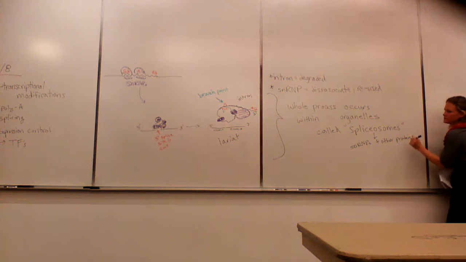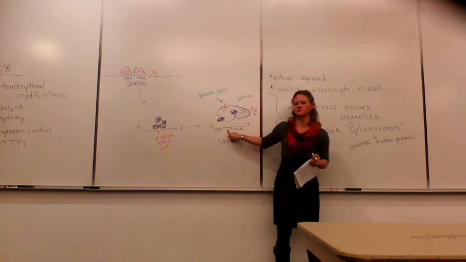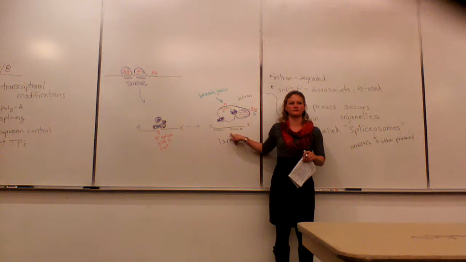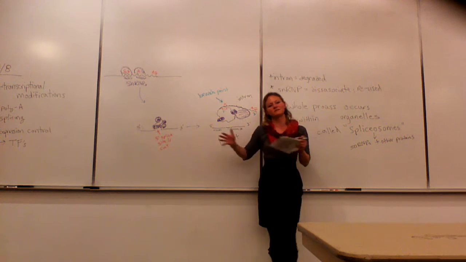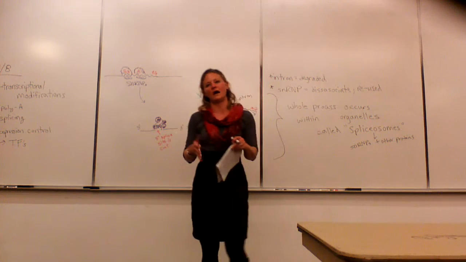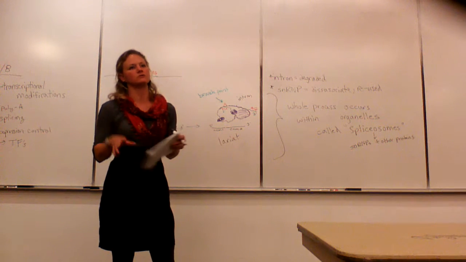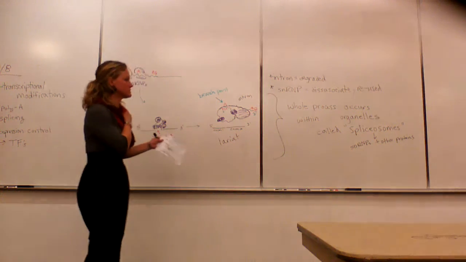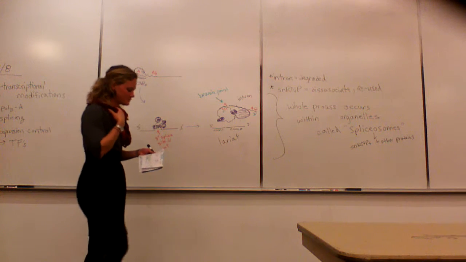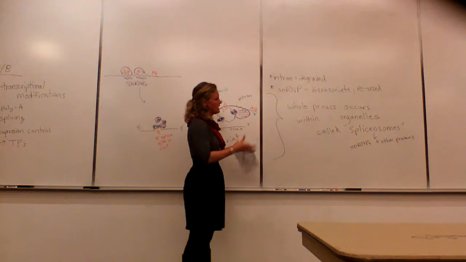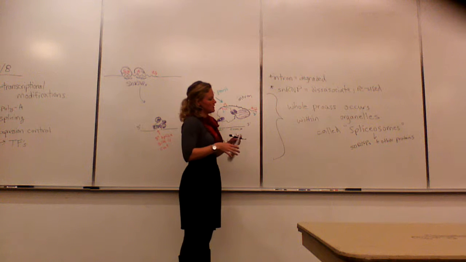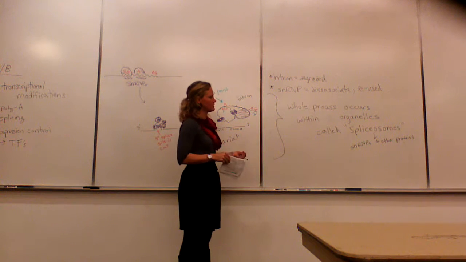It should be clear that we need to do something about these two exons floating next to each other. You need some kind of enzyme that acts like ligase, a way to bring together those two ends. So you need additional proteins besides just the snRNPs. And this is all happening inside of a special area.